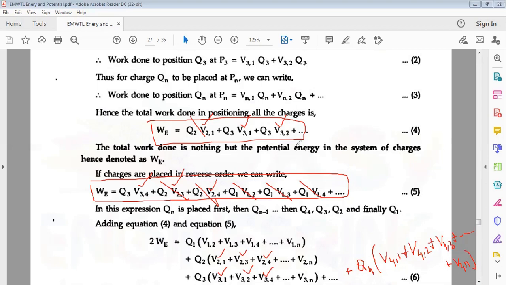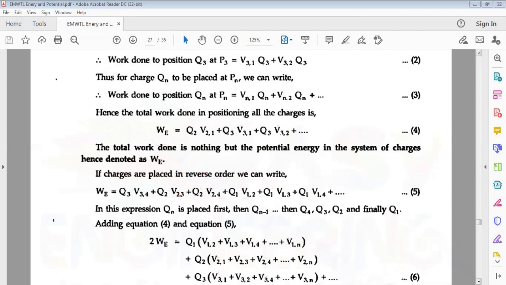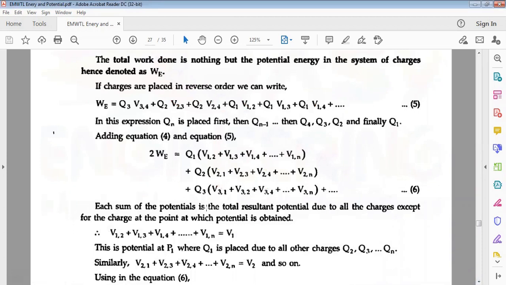When charges are placed in the empty space, 2WE is equal to Q1 with the total potential, Q2 with the total potential, and Q3 with the total potential. Each sum of the potentials is the total resultant potential due to all the charges except for the charge at the point at which the potential is obtained. For Q1 there is no V11, only V12, V13, V14. For Q2 there is no V22, only V21, V23, V24. For Q3 we have only V31, V32, V34, there is no V33. For Q4 we have V41, V42, V43, and there is no V44.